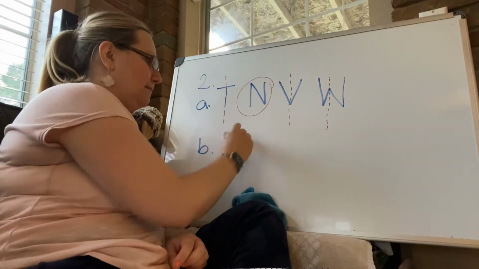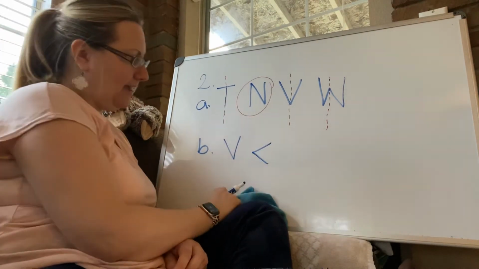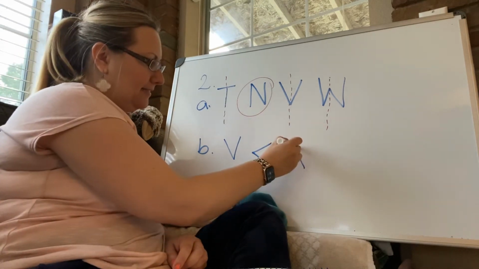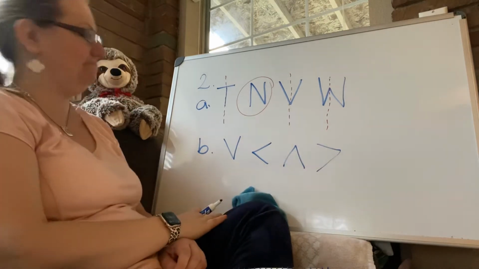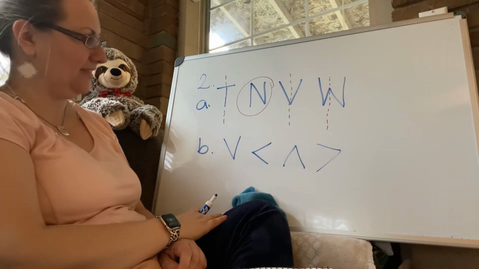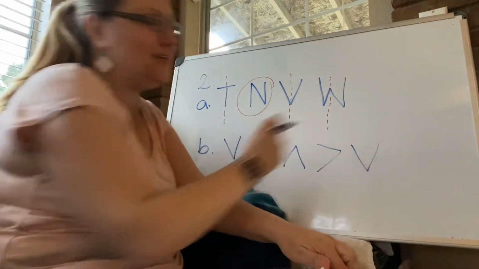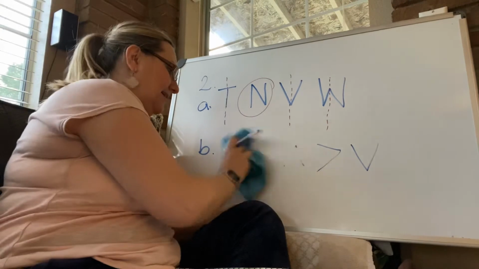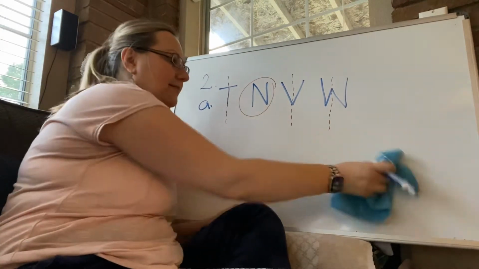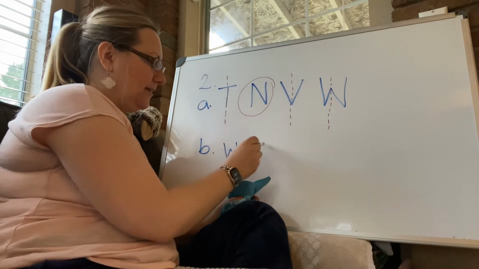What about the V? Let's do the V upright, the V to the right, the V upside down, the V this way. There is no rotational symmetry until you turn it all the way back around again. So V is out. And let's look at the last one, the W. We already did this one.